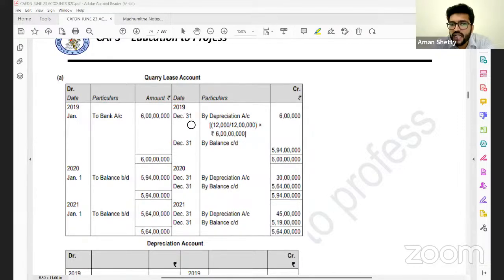Next, by depreciation account, like I said, 6 crores divided by 12 lakh into 12,000, it is 6 lakhs. Then balance carried down 5 lakh 94,000. Then again, by depreciation account, how did you get 30 lakh?